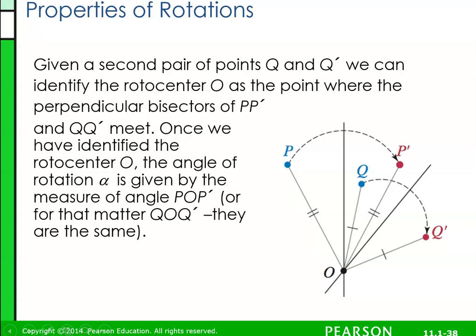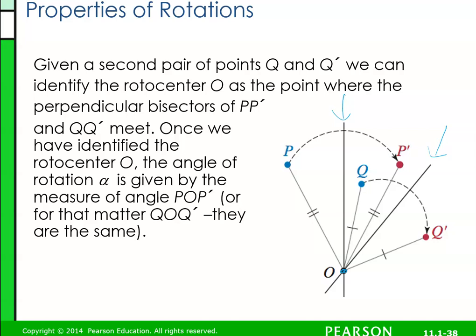Given a second pair of points Q and Q prime, we can identify the rotocenter O as the point where the perpendicular bisector of P, P prime and the perpendicular bisector of Q, Q prime intersect. So that, again, will help us narrow down and determine where that rotocenter is.